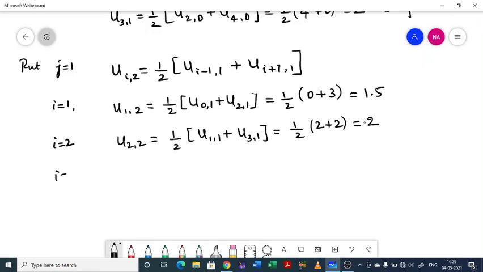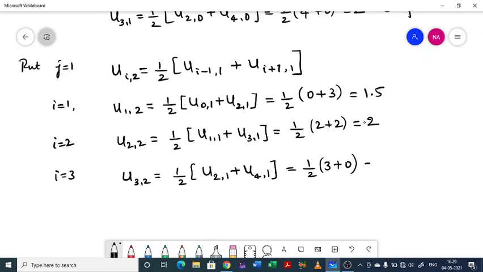Taking i equal to 3, u(3,2) equals 1/2 times (u(2,1) plus u(4,1)), so it will be 1/2 times (3 plus 0), so I get 1.5. So this completes the third row.